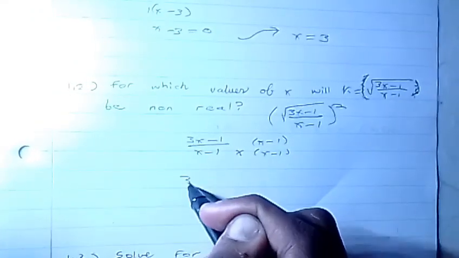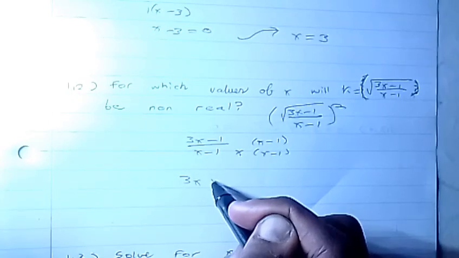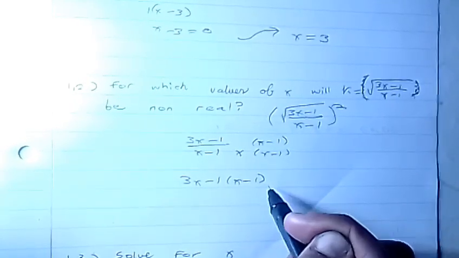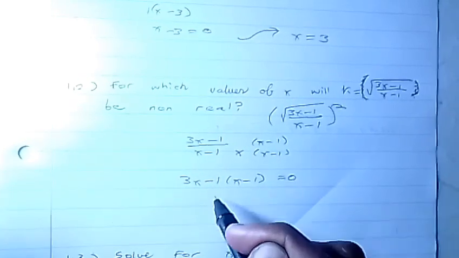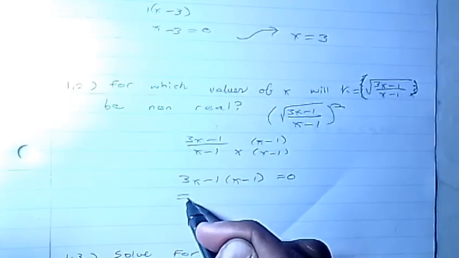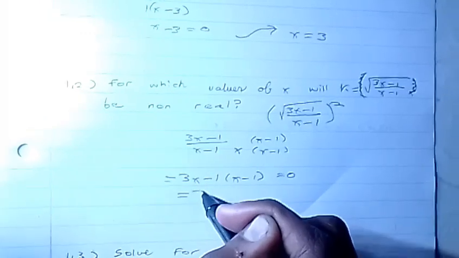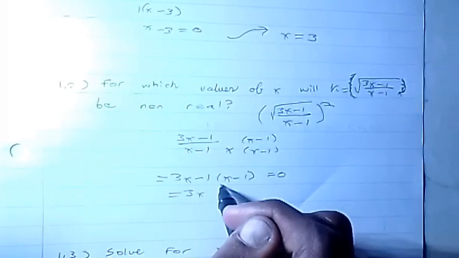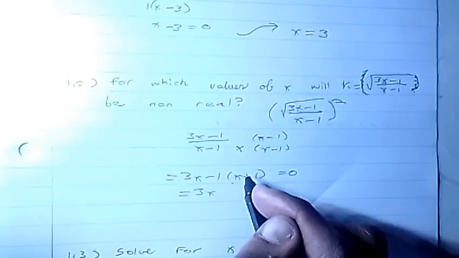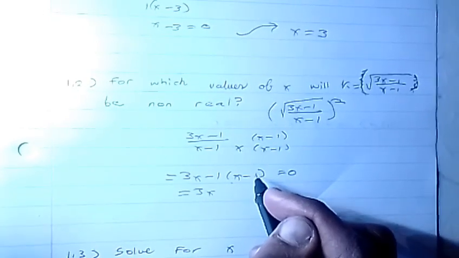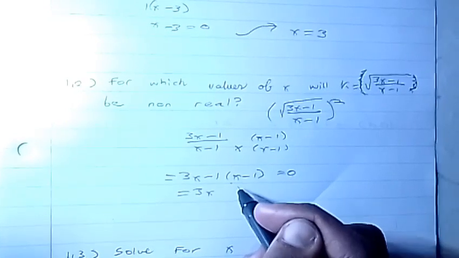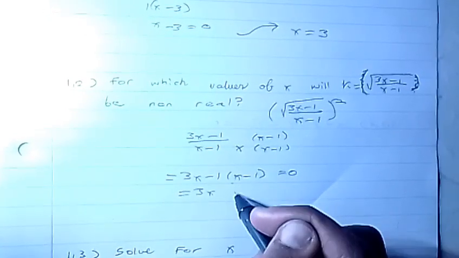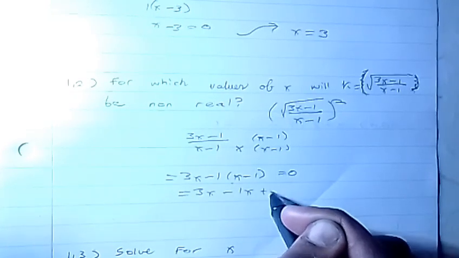So it's going to be 3x minus 1 brackets x minus 1 equal to 0. From there, it's going to be 3x, negative 1 times x is negative 1x. Negative 1 times negative 1 is positive 1. So it's negative 1x plus 1.